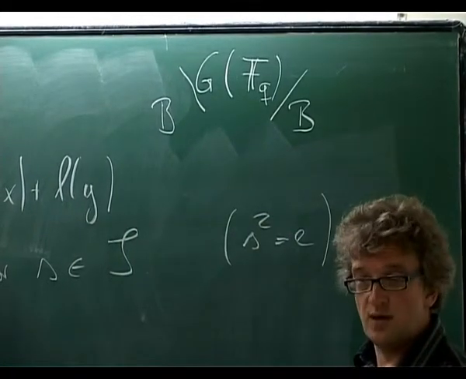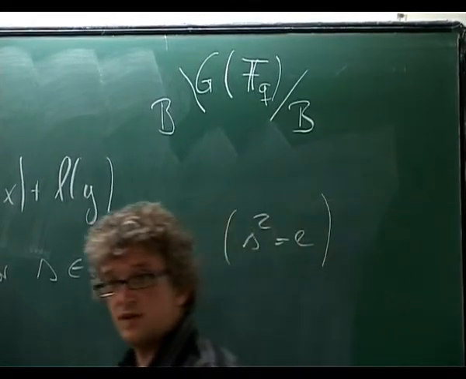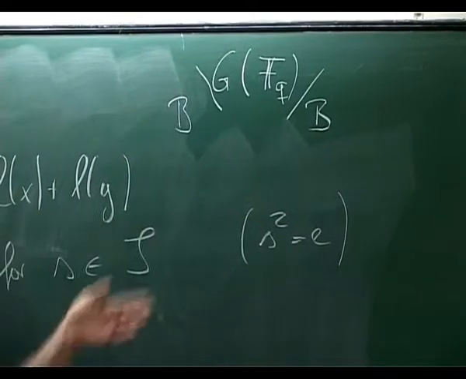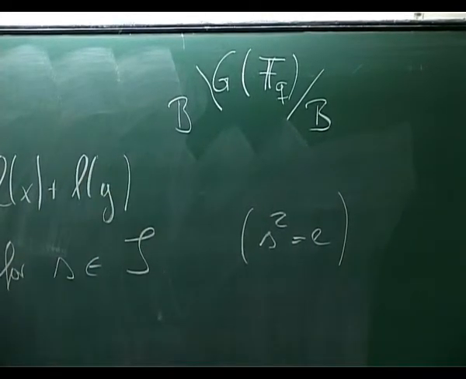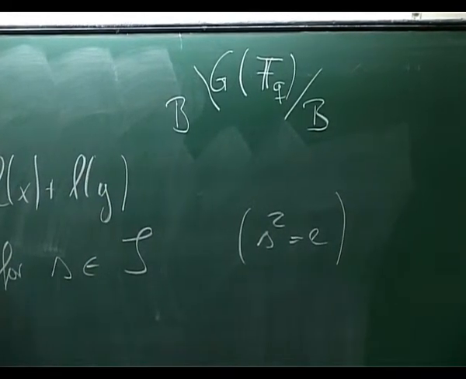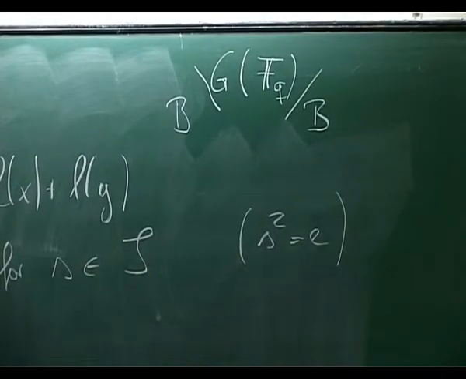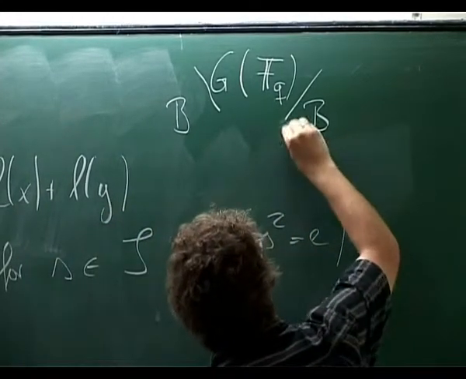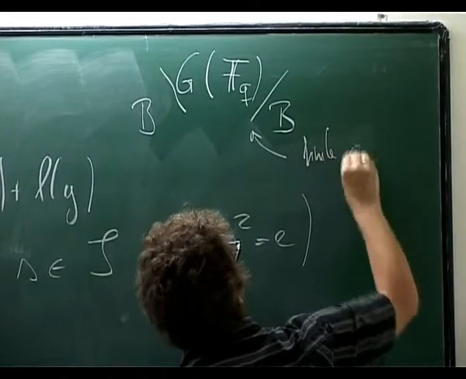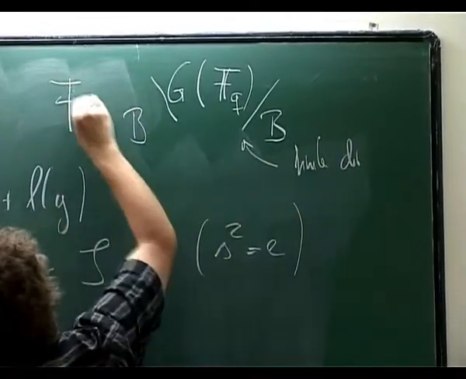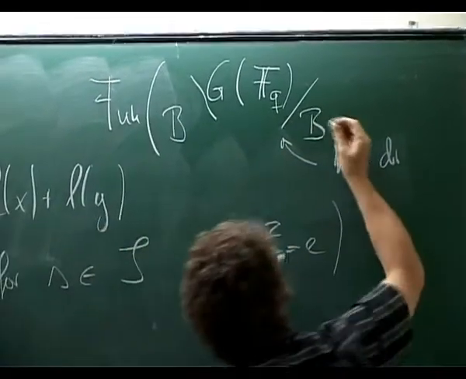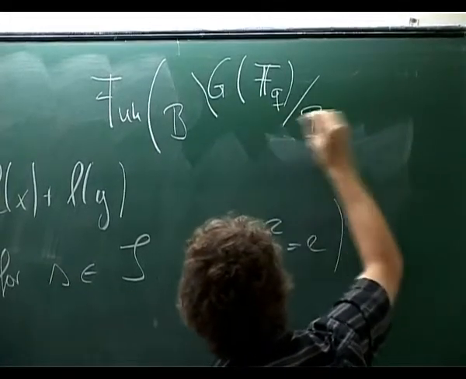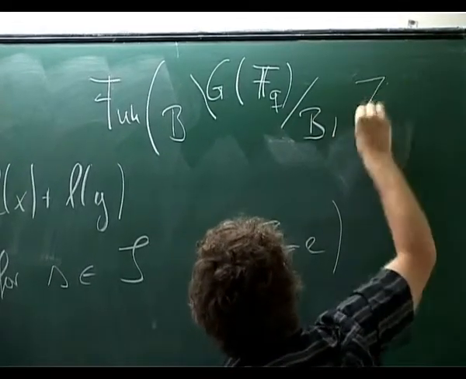So B is the Borel, upper triangular matrices with entries in F_q for the case GL_n(F_q), and you look at bi-invariant functions. This is finite dimensional, so functions on this space, with say Z coefficients.